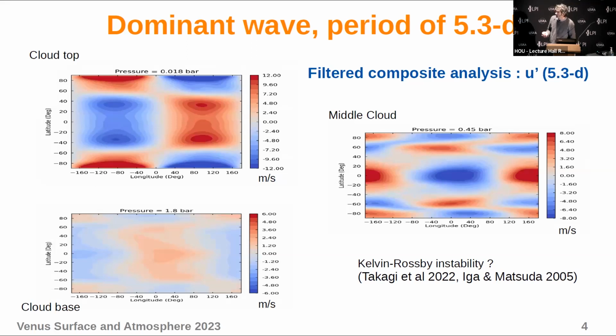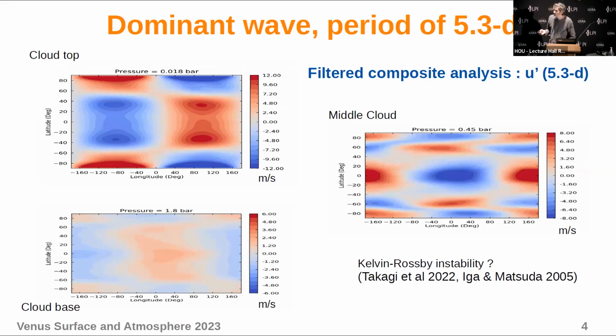On the left, you've got the cloud top region, then on the right, the middle cloud, and on the bottom left, the cloud base region. You can see how this wave pattern is mostly a wave number 1, and it's shifting its structure from something that looks like a Kelvin wave in the middle cloud to a Rossby wave in the upper cloud.